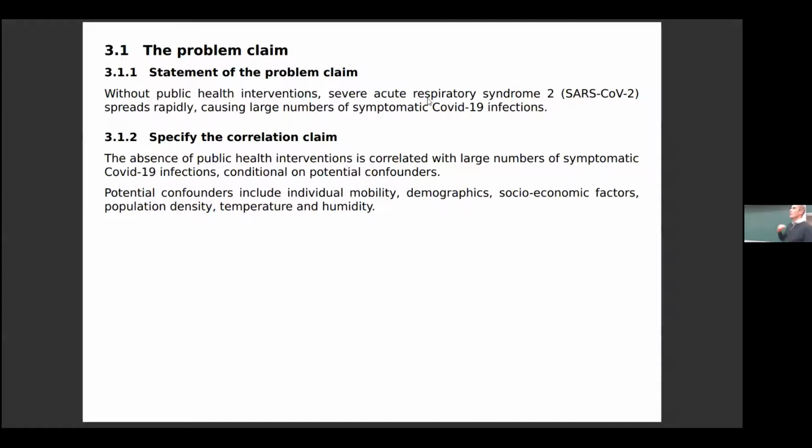Okay, so first let's run through the stepwise procedure for the problem claim. What's the problem claim? Well, without public health interventions, the COVID virus spreads rapidly, causing large numbers of symptomatic COVID infections. The correlation claim is that there's a large association between a lack of following public health mandates and the spread of COVID-19, and this association is robust when conditioning on potential confounders.